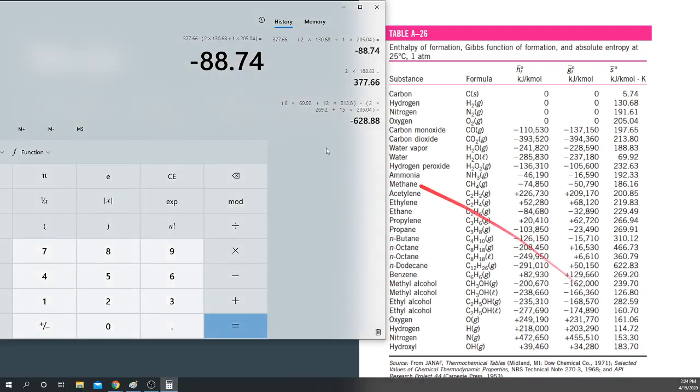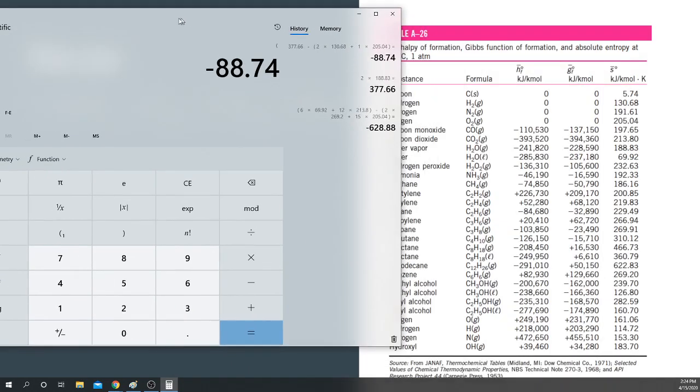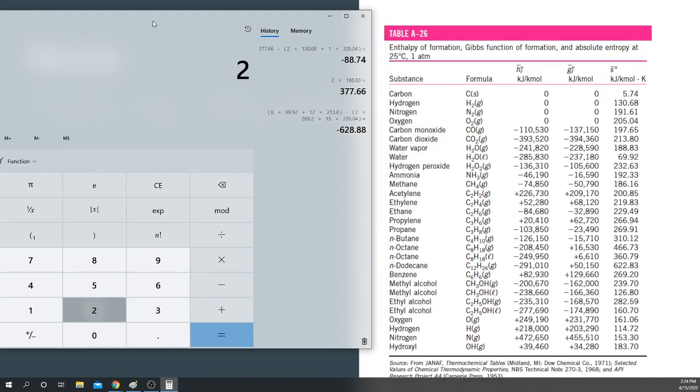So let's bring back up my wonderful guy here. So, products minus reactants. Our products are CO2 and H2O. So how much CO2? 2 moles of CO2. So 2 times CO2 gas, 213.8. Plus, I believe it was 4 moles.